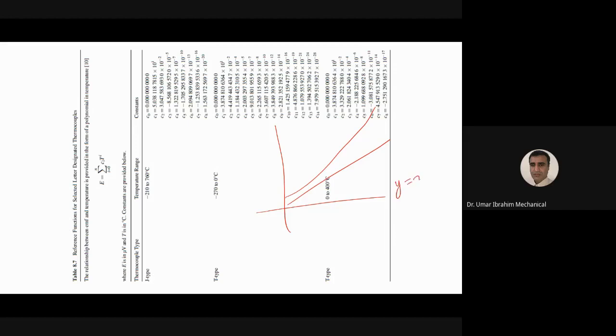Y is equal to mx plus c is a first degree polynomial, because the highest power of the independent variable x is 1. A quadratic equation will have a power 2, and so on. So the higher the non-linearity, typically we will result in a higher degree polynomial.